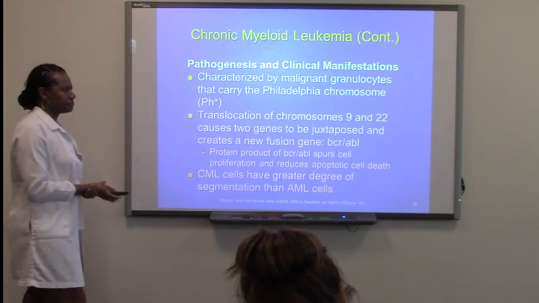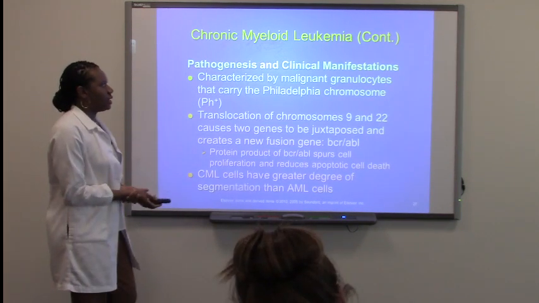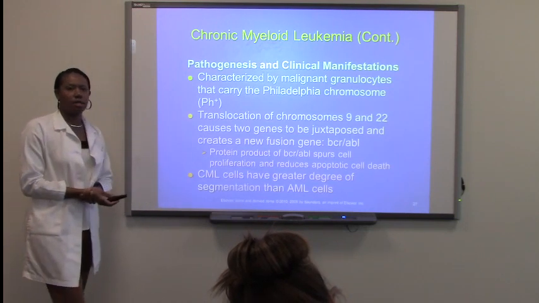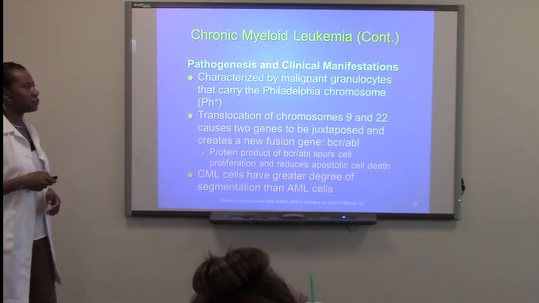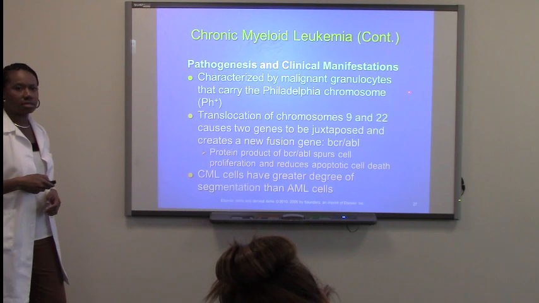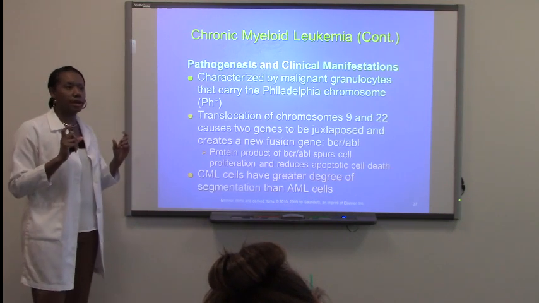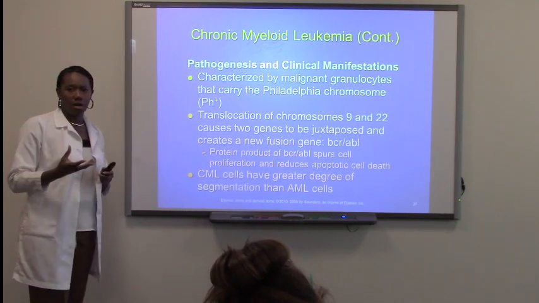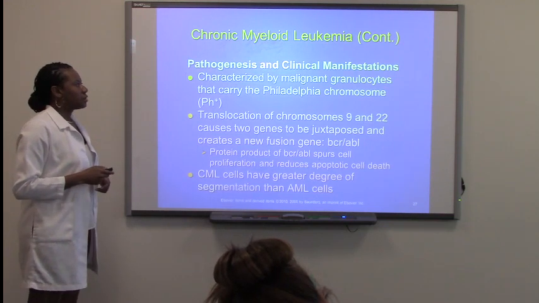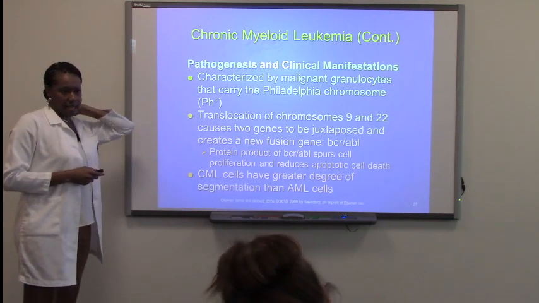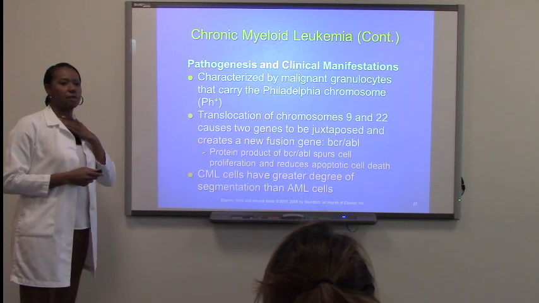Now, with CML, what they notice, and this is characterized by malignant granulocytes, and one of the most abundant granulocytes that we have are neutrophils, is that it carries something called the Philadelphia chromosome.